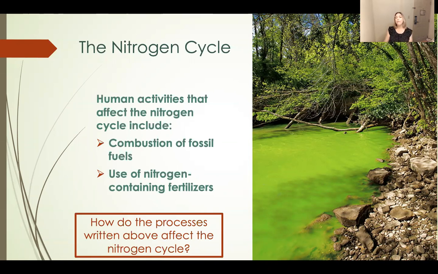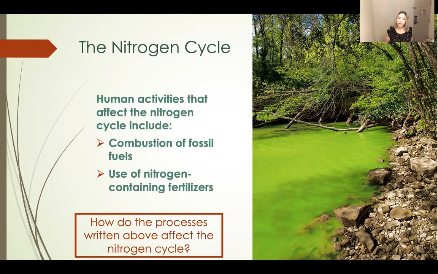So how does that affect the nitrogen cycle? Well, I put a picture here with all that green slimy stuff in the water. So basically, nitrogen fertilizers, when we irrigate our crops, the fertilizers run into the waterways. And that's like giving algae and other things in the water fertilizer. So then you get these huge blooms of like green slimy algae.